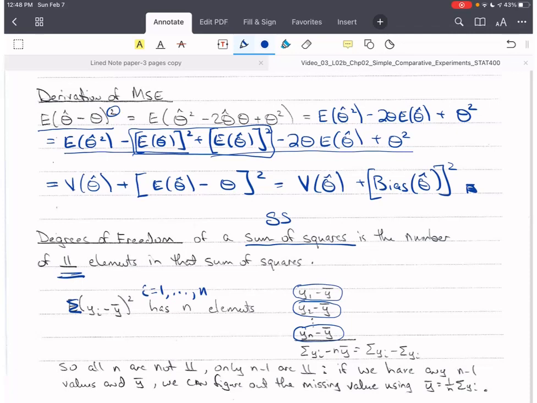Now, if we add these up, we have y1 plus y2 plus up to yn. So the sum of these is going to be the sum of yi, which is what we have here. And then I have n of these y bar terms as well, with a minus.